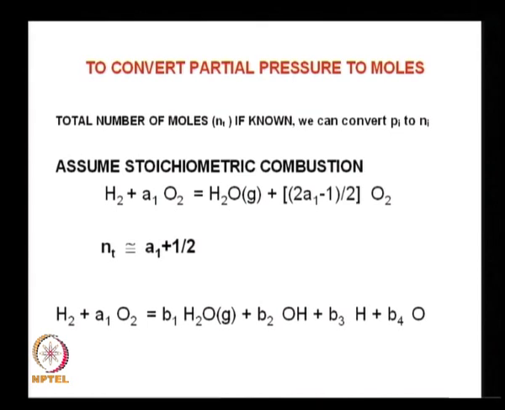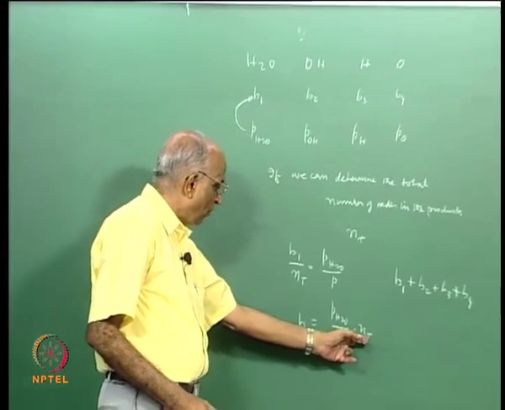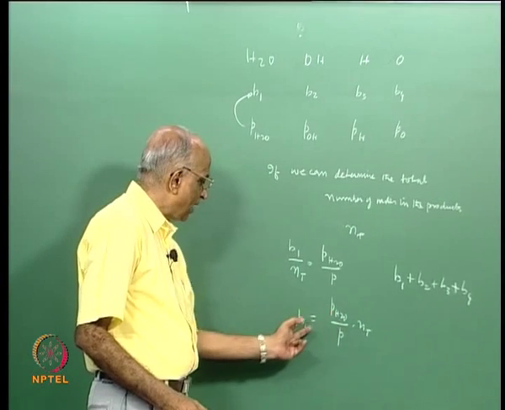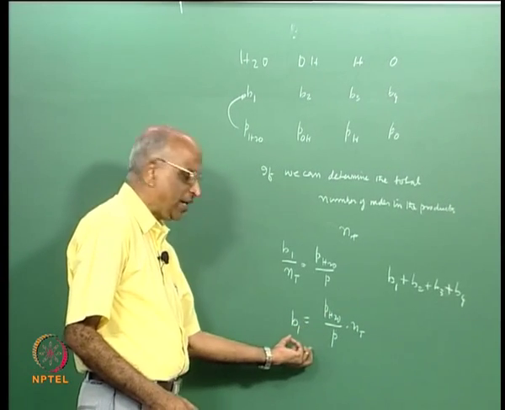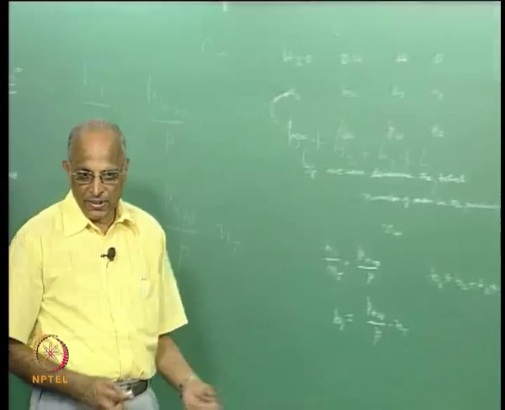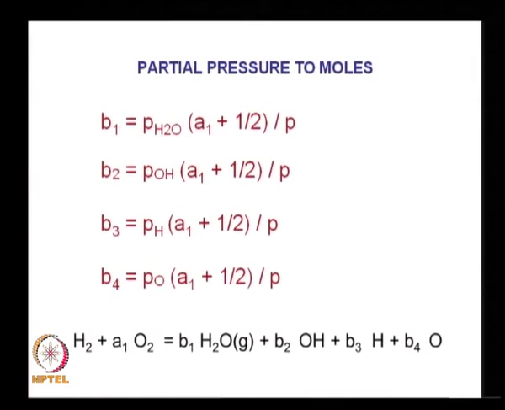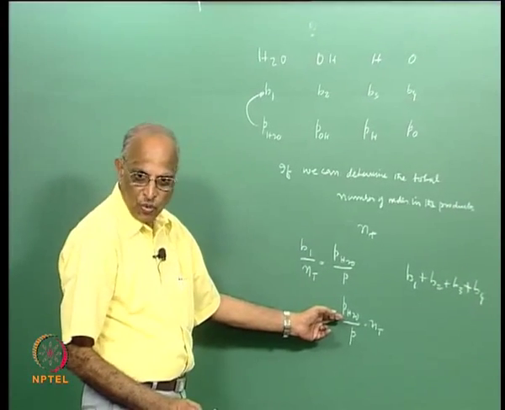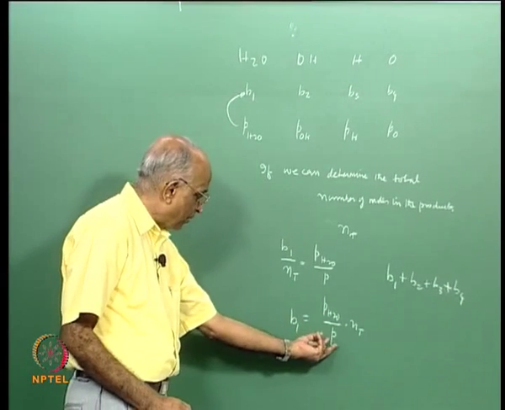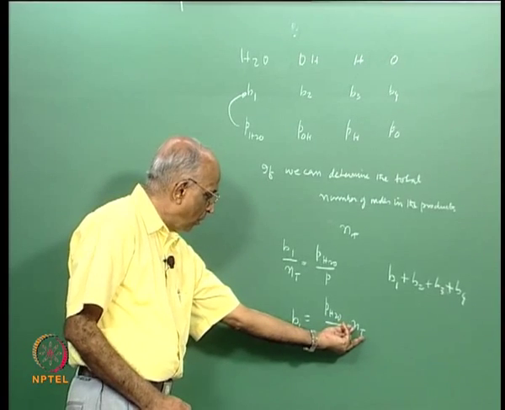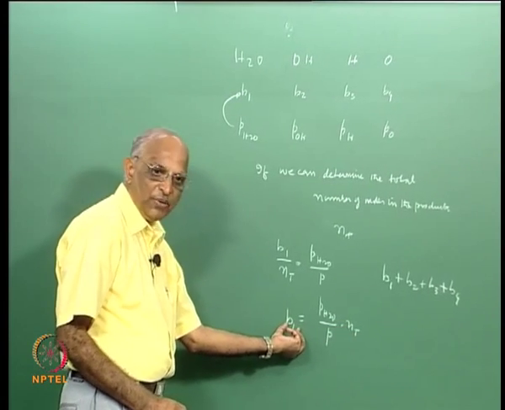If this is so, I now know the total number of moles over here, and therefore I can calculate PH2O as equal to B1 into P divided by NT, and therefore I do that next. B1 is equal to PH2O divided by the pressure into the total number of moles, or therefore I can get the value of B1.